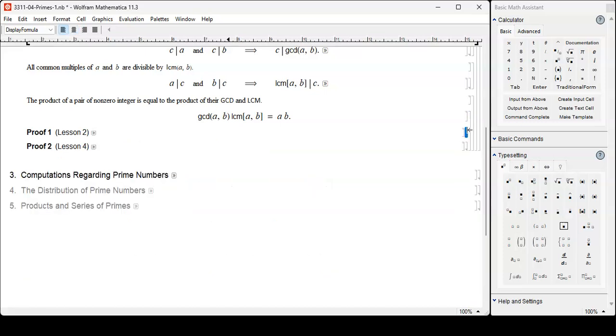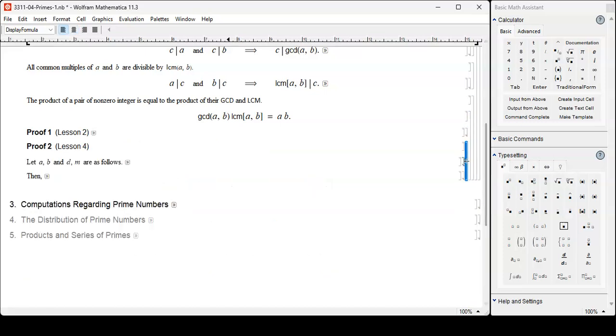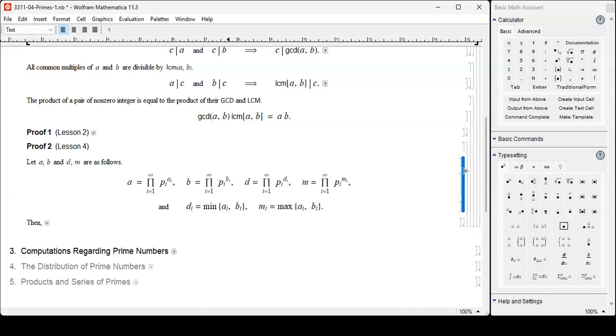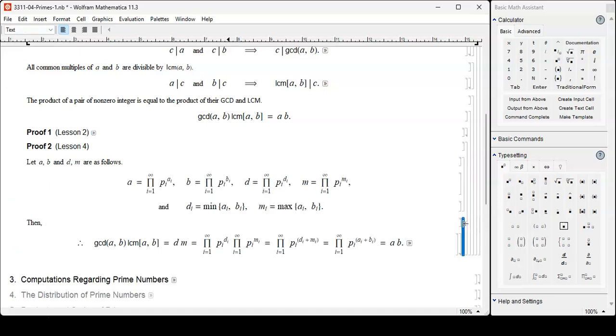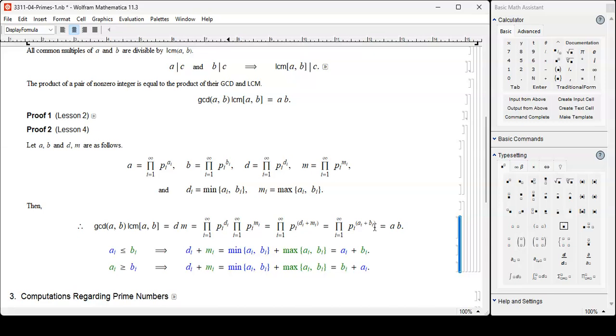Tricky proof. But if you use the prime factorization and the fundamental theorem, it's not bad at all. The minimum plus maximum is just ai plus bi, because among those ai and bi, smaller will be minimum, bigger will be maximum. If you add them up, you're going to retrieve ai plus bi.